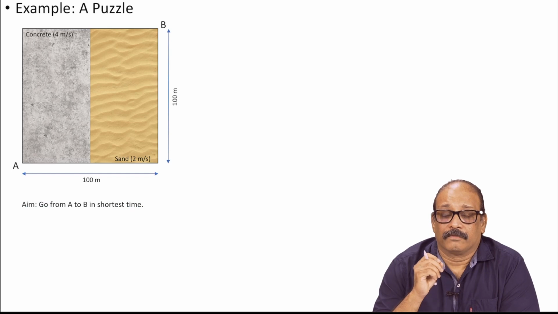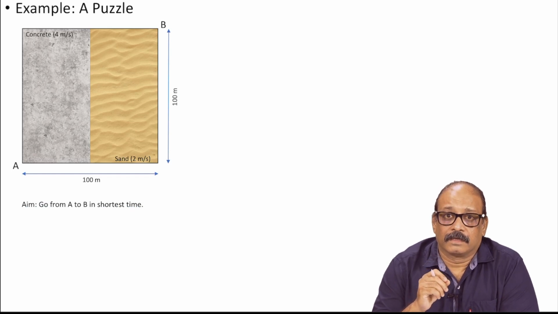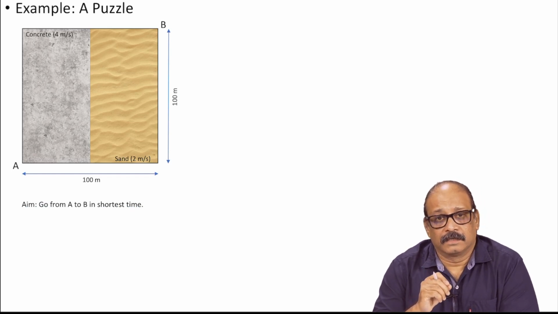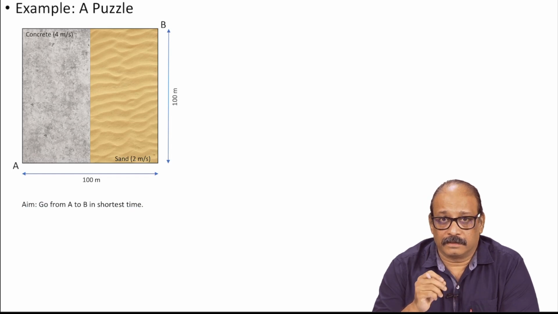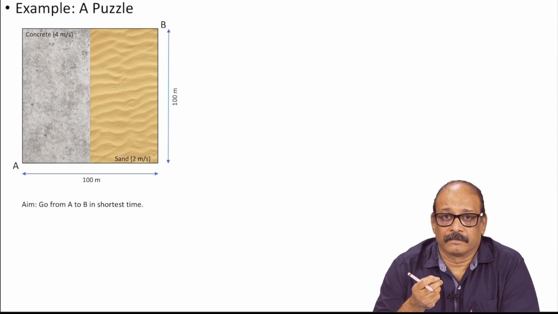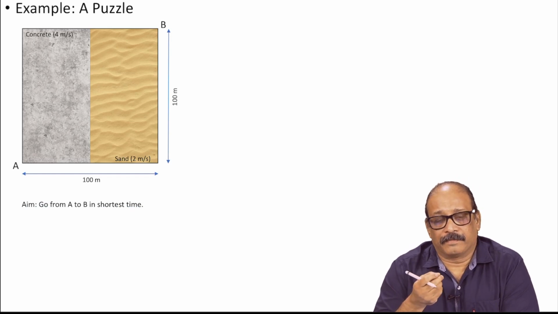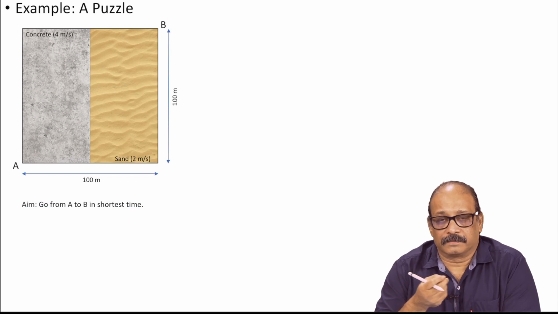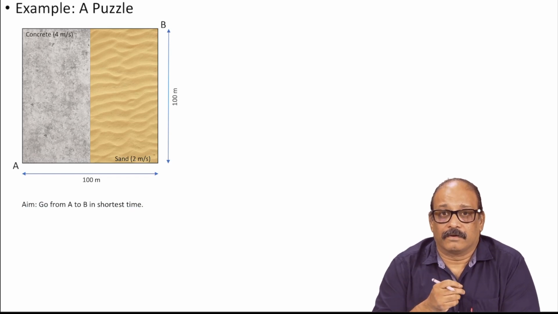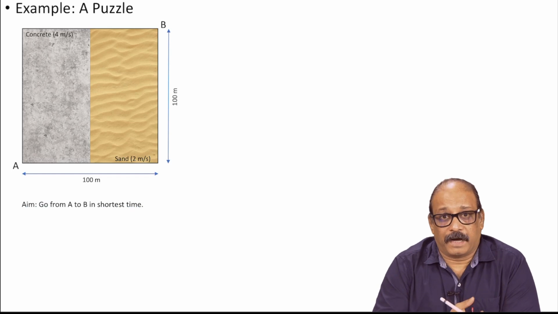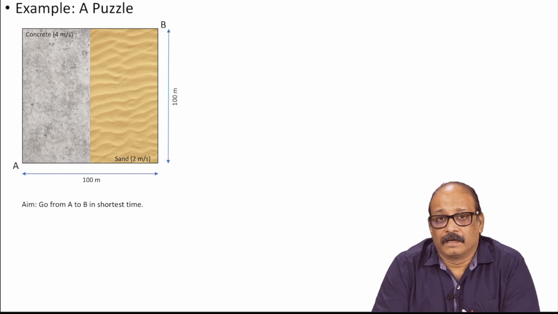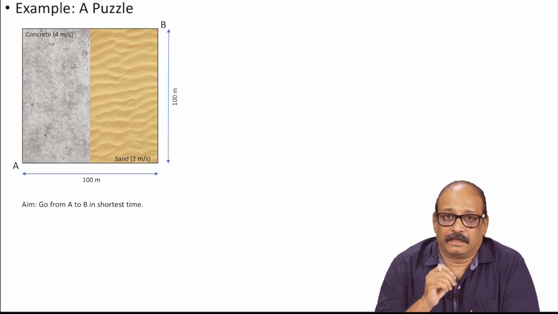What is the catch? The catch is this: concrete is a nice hard surface, you can run on it with a speed of 4 meters per second, but on sand you can't run as fast as that. So, for example, I have taken that to be 2 meters per second. Now, which path is the question? The path that would take the least amount of time.